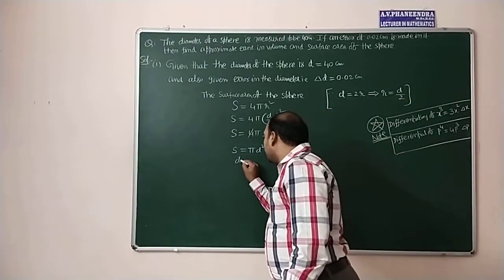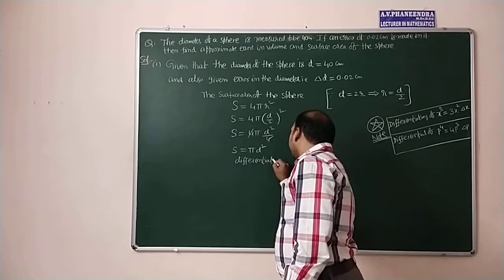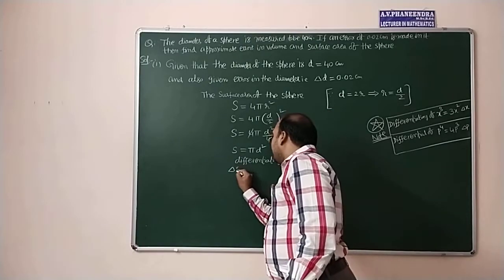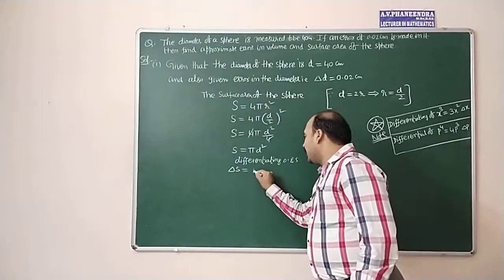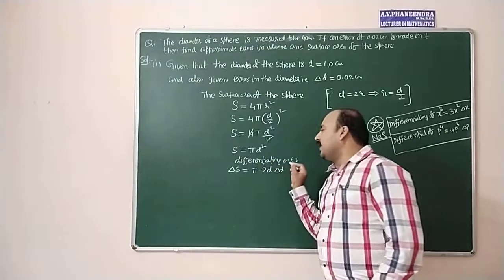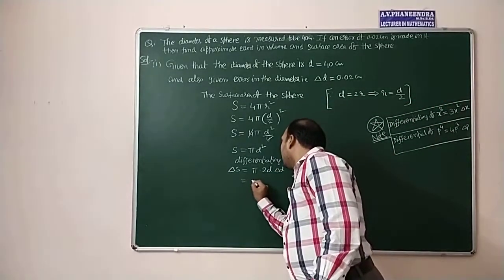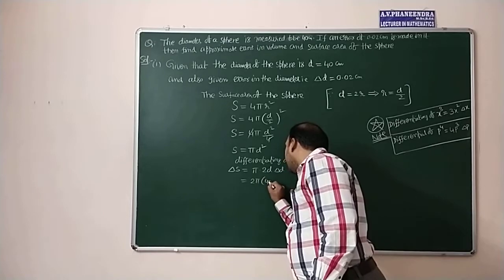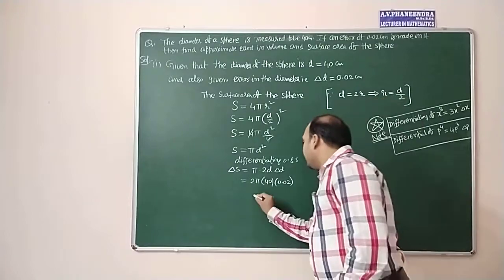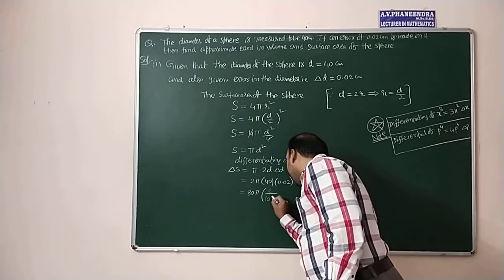Now differentiating on both sides. S derivative is delta S. Pi is constant. D square derivative is 2D into D derivative is delta D. Now substitute the respective values. 2 pi into D value is 40 into delta D value is 0.02, which is equal to 80 pi into 2 by 100 now.